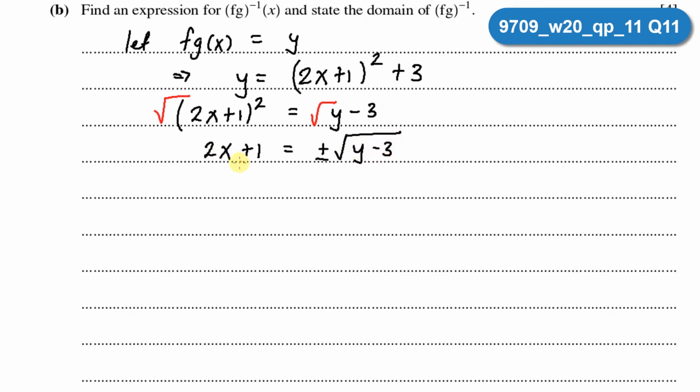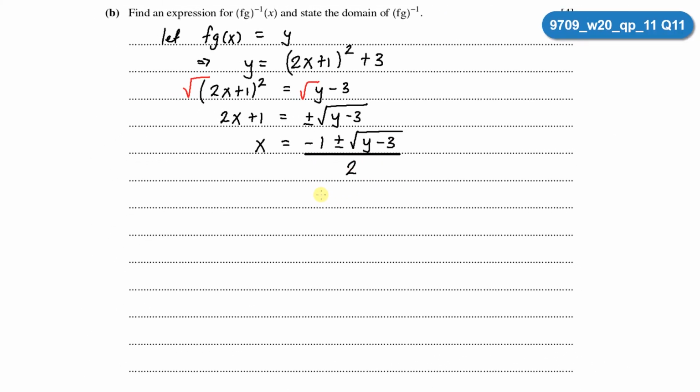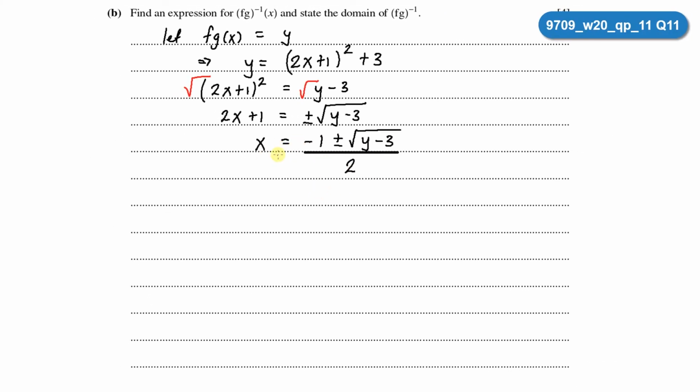Now, if I want to remain with x here, I will subtract 1 from both sides and divide both sides by 2. So I'll have x is equal to minus 1 plus or minus the square root of y minus 3, all divided by 2. So we've made x the subject right here.